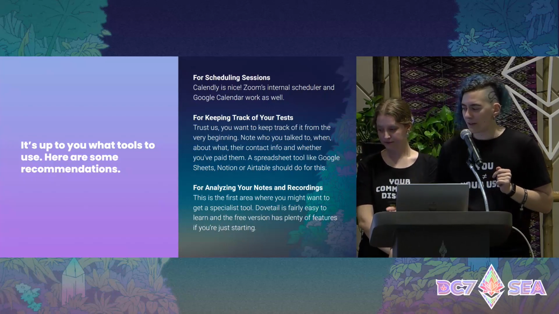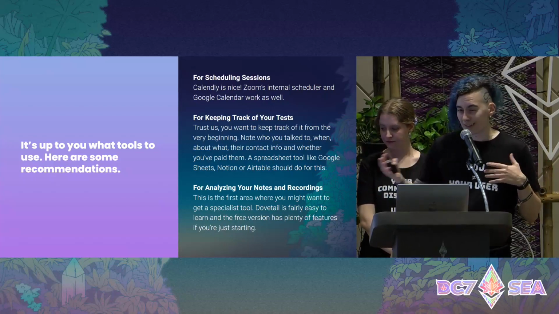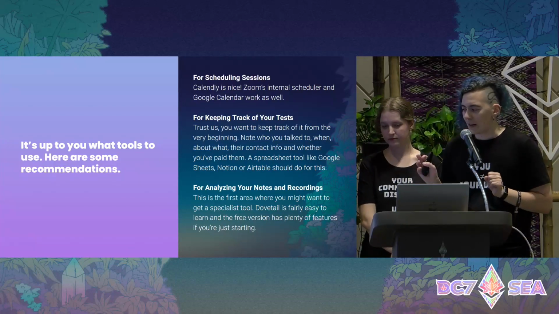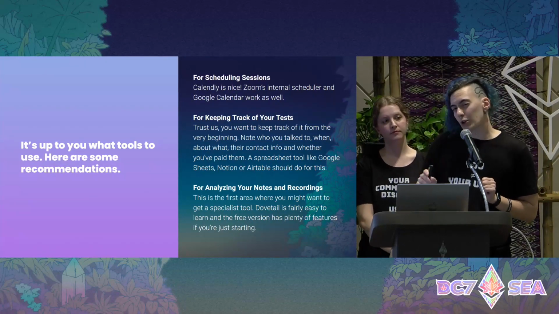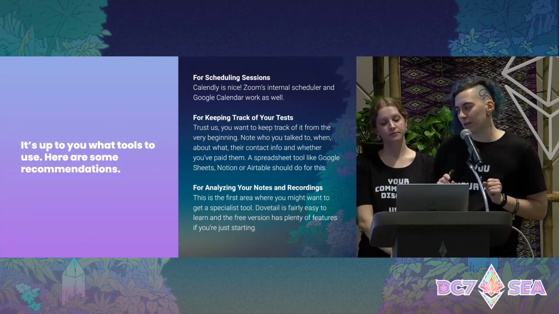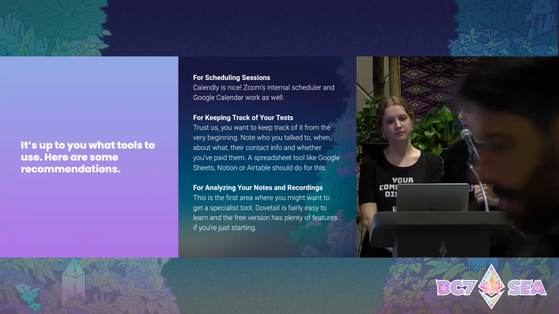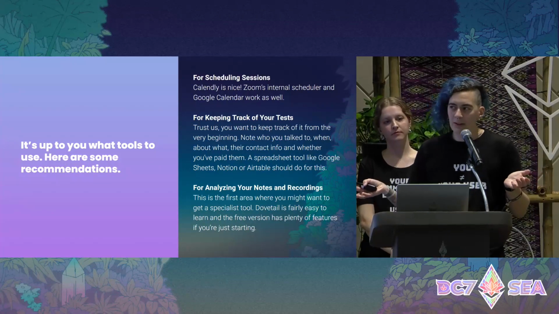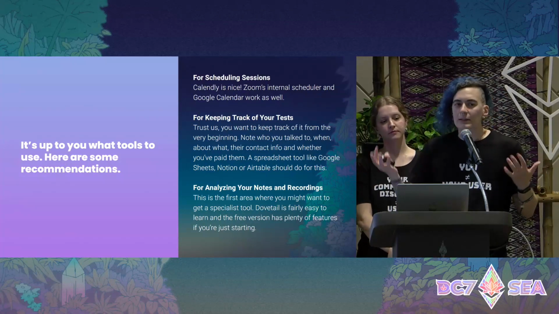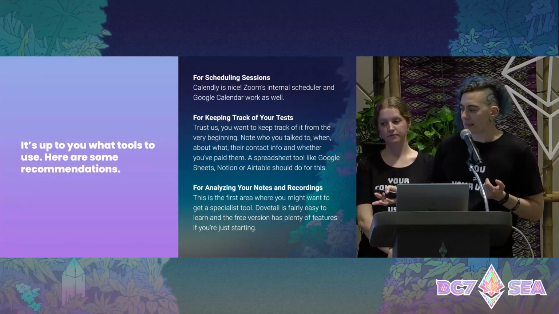And then for analyzing your notes and recordings and storing them somewhere is, I would say, the first area where you might want to get a specialist tool. All of the other ones I've mentioned so far, you're probably already familiar with. You've used them for other non-UX-research purposes.